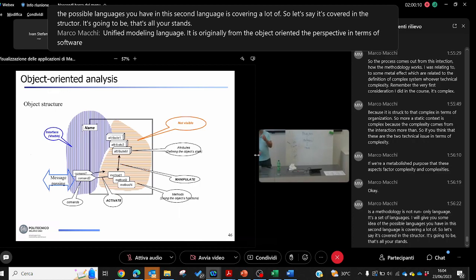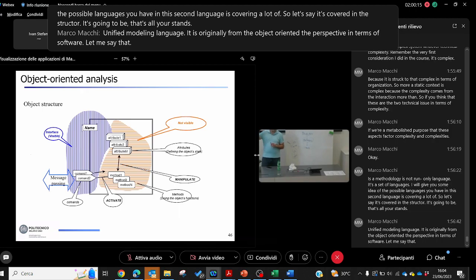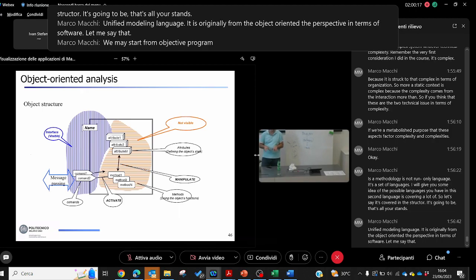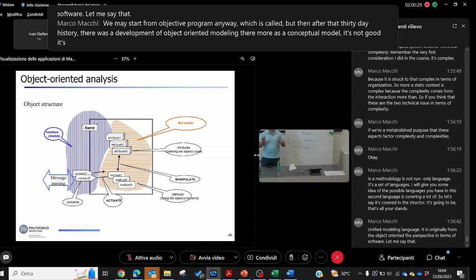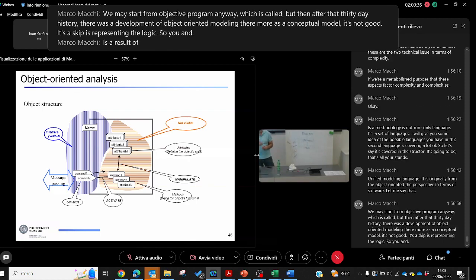Let me say that as an initial consideration, we may start from object-oriented programming, which is coding. But then after that, in the history, there was a development of object-oriented modeling, more as a conceptual modeling. It's not coding, it's a scheme. It's representing the logic. So UML is a result of this object-oriented modeling stream. It's not the programming itself, it's building the scheme of the system.